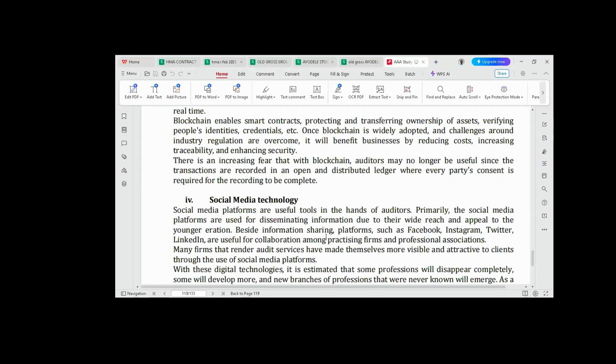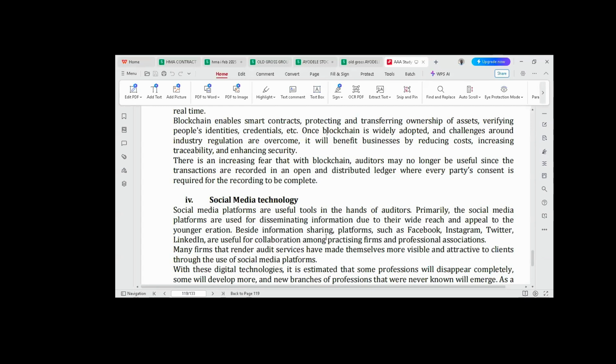Okay, so imagine you want to send information to all your clients. Before now, that means you have to write letters to send to as many clients as you have as an audit firm.